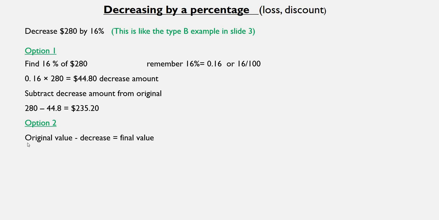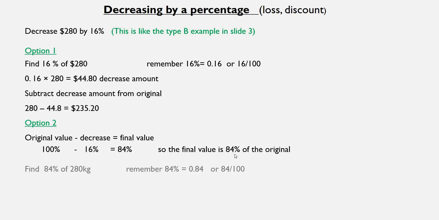Option 2 is very similar to what we did in the last example. But this time, instead of adding to my original amount, it's a decrease, so I'm going to take it away, and that's going to give me my final value. So if I think my original value was 100% and I've reduced it by 16%, that means my final value is 84% of the original. So now all I need to do is find 84% of 280.